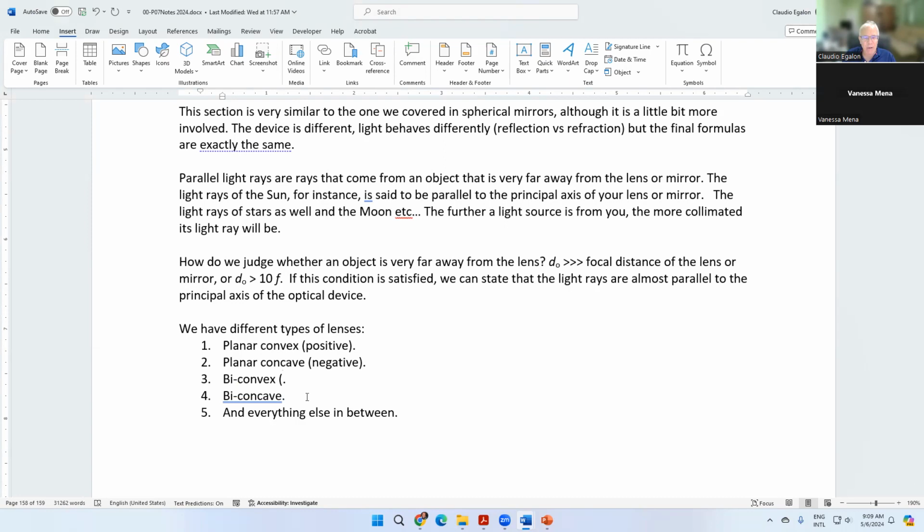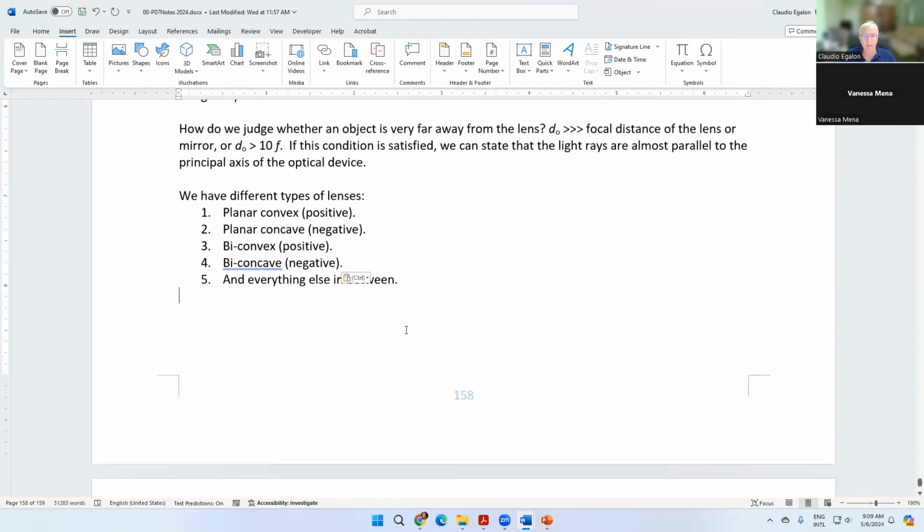We have biconvex lenses, and you're going to see very soon that in this case the lens is also going to be positive. We have biconcave lenses, which will always be negative. And you have everything else in between.